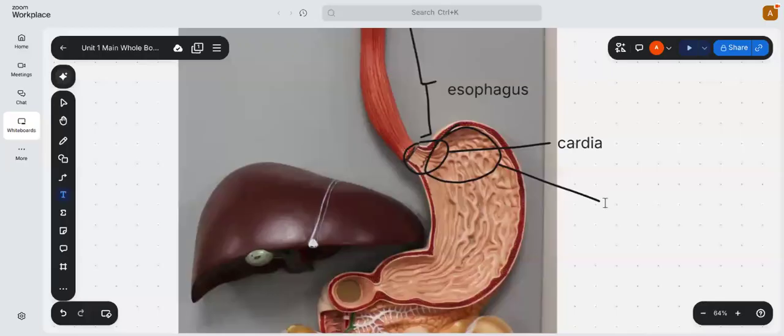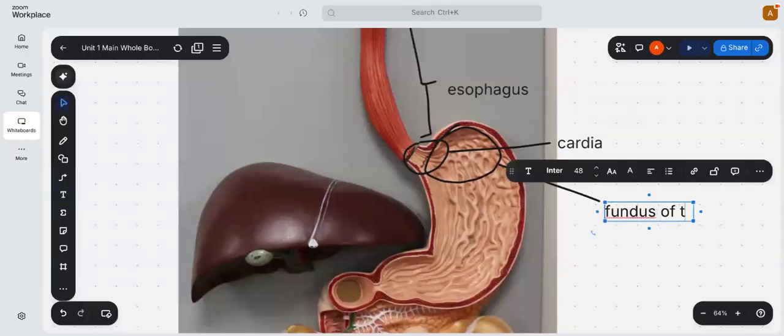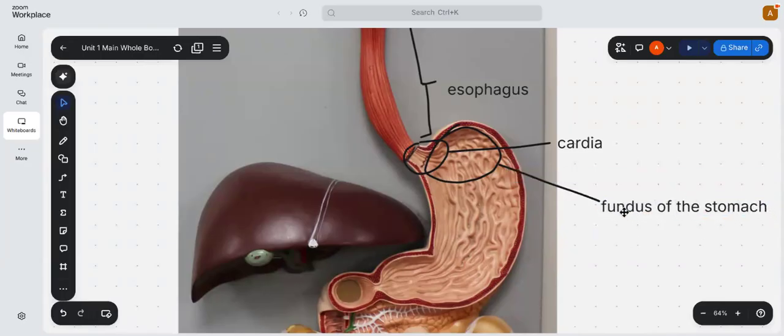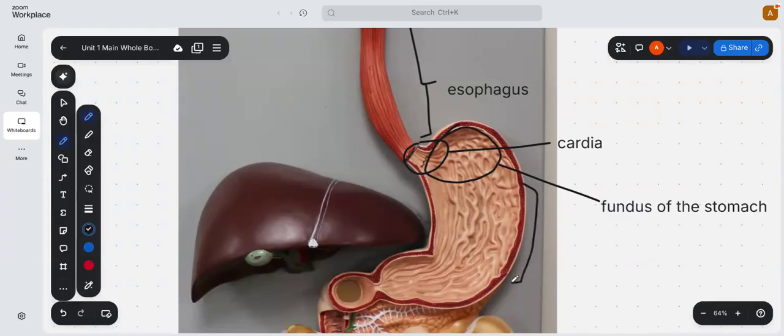You are also going to see this word fundus pop up multiple times. There's also a fundus of the uterus, which is referring to the top of the uterus. In general, it just means top of whatever organ it is being applied to. And then the rest of the stomach is just the body.